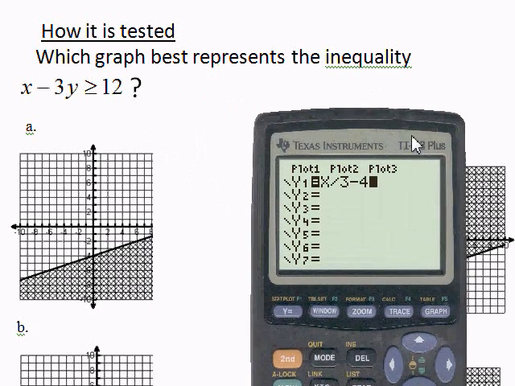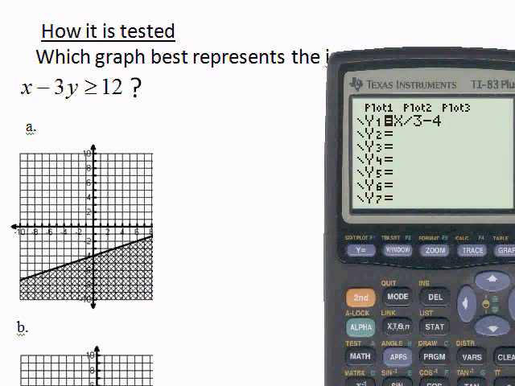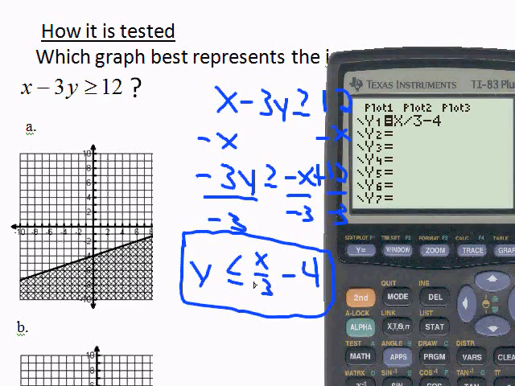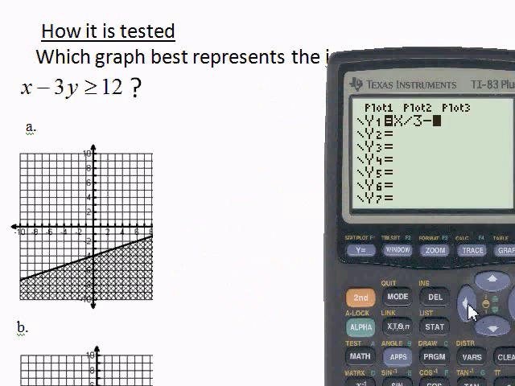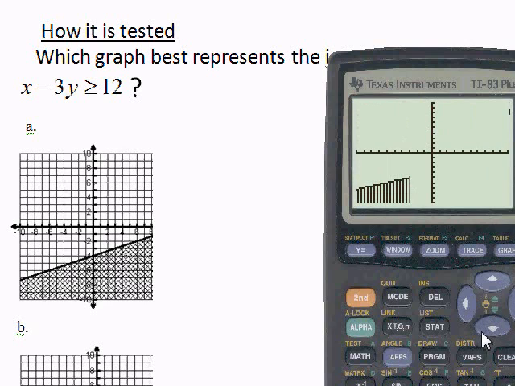Now, if we go back to our equation, you'll notice that it is y is less than. So what we're going to do is go on top of this little line right here where it's blinking and press enter on it until we get a triangle facing down, or a triangle that makes an L symbol. And when we graph that, we get this line that looks just like this right here.